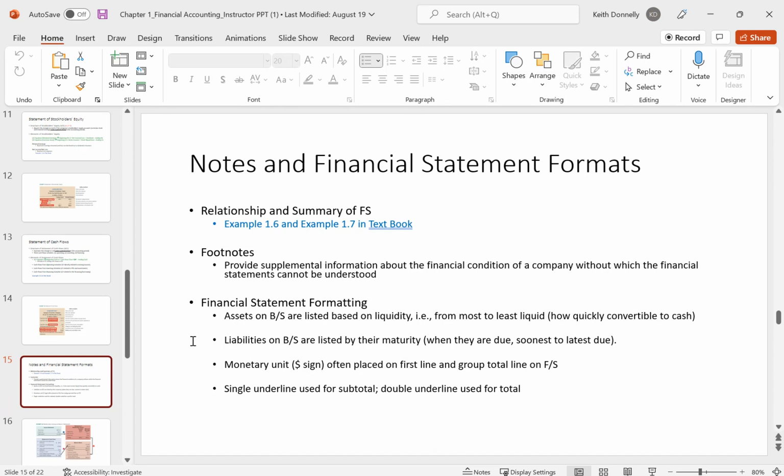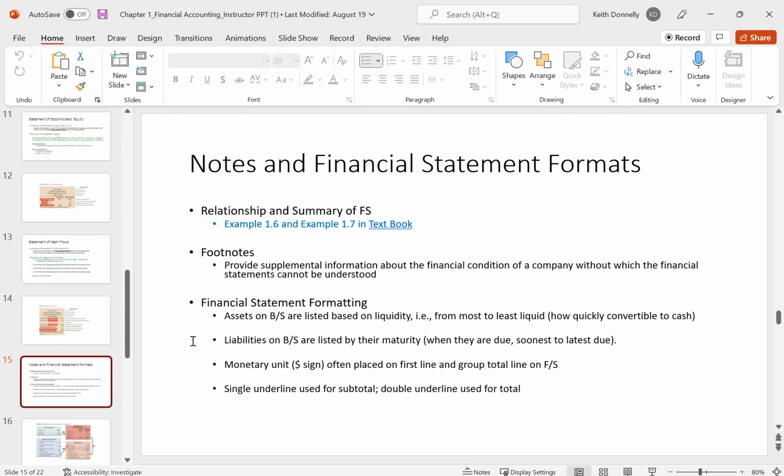Next idea here, we're going to be talking about footnotes and some ordering rules. Footnotes are essentially supplemental information for the financial statements. It's kind of like if you've ever read a textbook or an article or a magazine and they have those little asterisks or numbers where you then go to the bottom of the page and it provides more detail, like an explanatory paragraph.